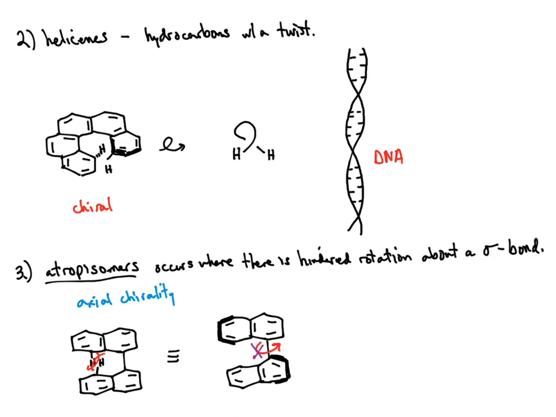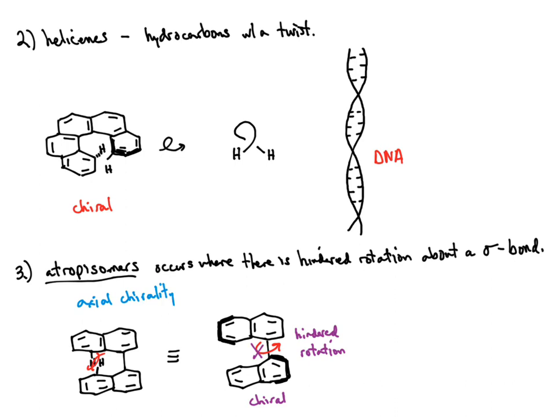And so there's a hindered rotation. And because there's hindered rotation, we can draw the mirror image of this molecule, and it will be non-superimposable upon the first, and so therefore this molecule is chiral. And it's all because of that sigma bond connecting those two rings that cannot fully rotate 360 degrees.